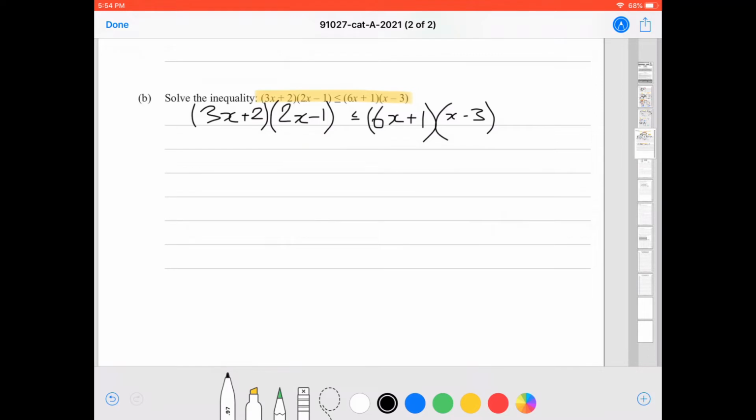Looking at our left hand side, we've got 3x times 2x is 6x squared, minus 3x plus 4x is positive x, and 2 times negative 1 is negative 2. And this is less than or equal to 6x squared minus 18x plus x, so minus 17x, minus 3.